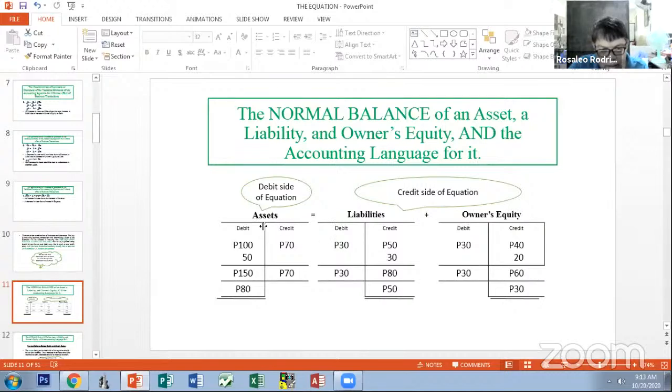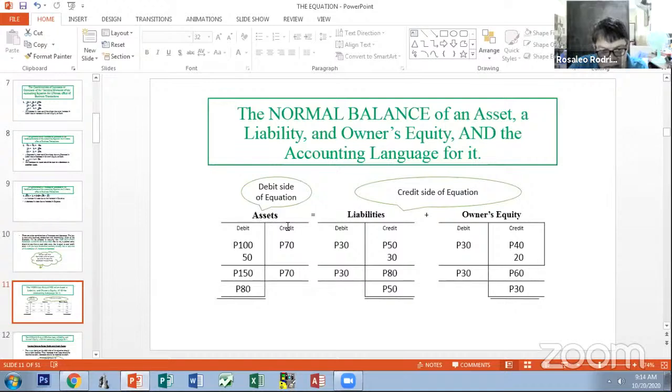Now, accounting uses, as we already said, a language, debit and credit. Now, this debit side of the equation, the assets, being on that debit side of the equation, the assets also have these two sides, a debit side and a credit side.